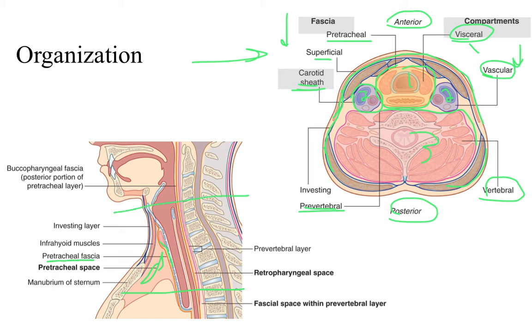Then we have our prevertebral layer right here, that pink, showing where that is. We have the fascia space within the prevertebral layer right here, and you see the investing layer right here. It's a little harder to see on this picture, so I apologize for that. A little easier to see on this picture.